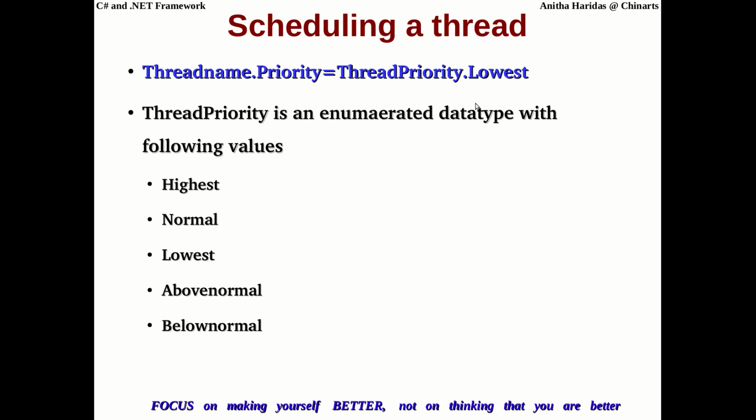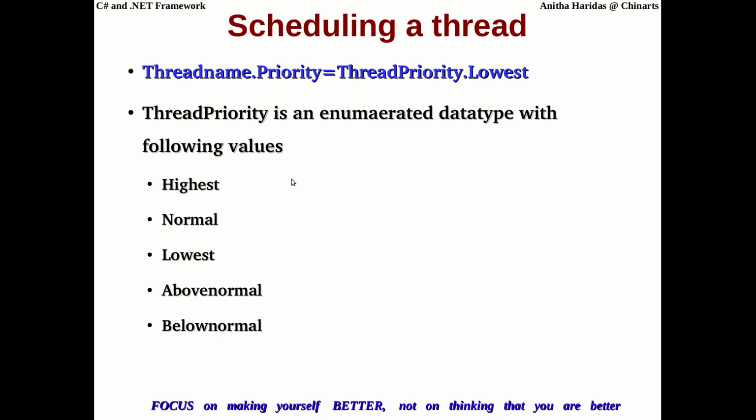We have already seen there is a property called Priority, which is used for setting or getting the priority of a thread, for which the priorities are described as an enumerated data type called ThreadPriority.